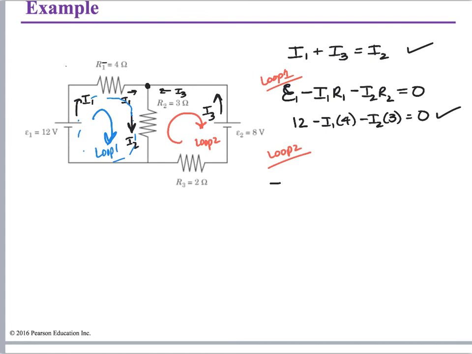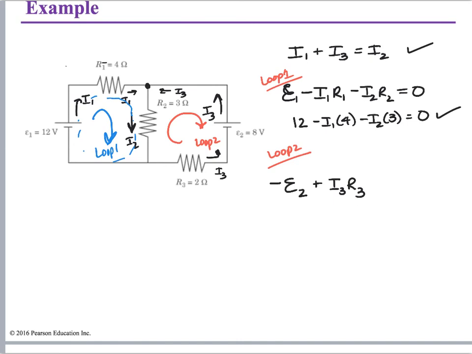So I'm going through that battery from positive to negative, so that's a potential loss. And notice current 3 is going counterclockwise. So when I go through resistor 3, I'm going against the current, so that's a potential gain. So that's I3 times R3.